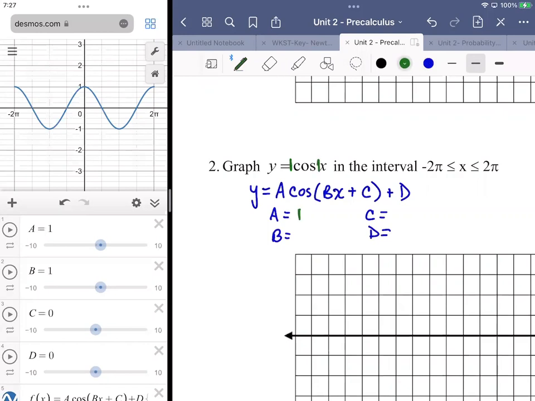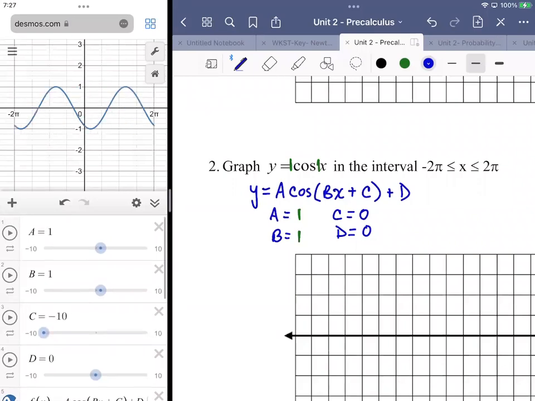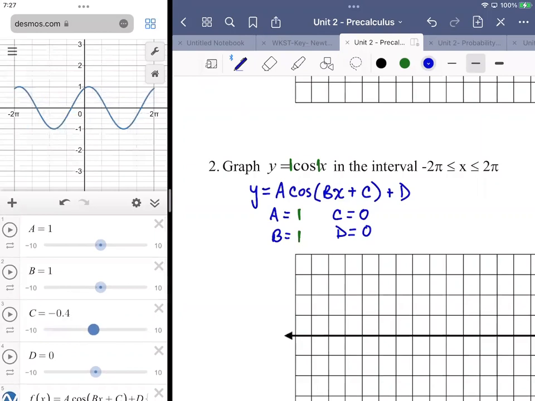The B is the coefficient of the x, also a 1. C and D, I don't see a C and D, so they must be 0. And so that actually is the default setting, 1, 1, 0, 0 for the cosine wave. It was the cosine setting, the default setting until I accidentally hit the slider.